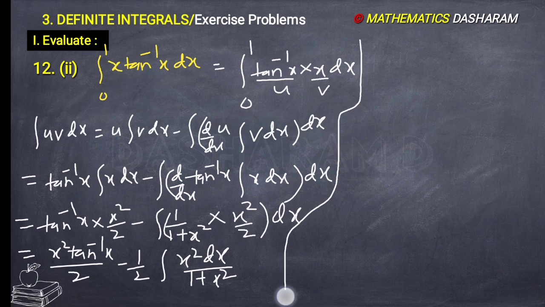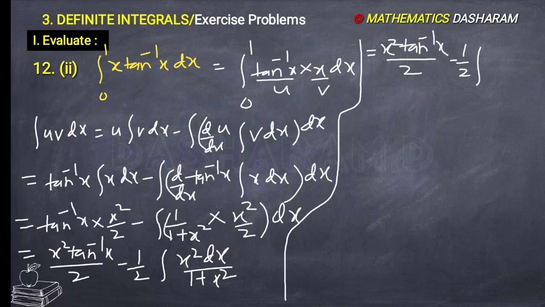So it is equal to x square tan inverse x by 2 minus 1 by 2 integration, here I am adding the 1 and subtracting the 1, divided by 1 plus x square dx.